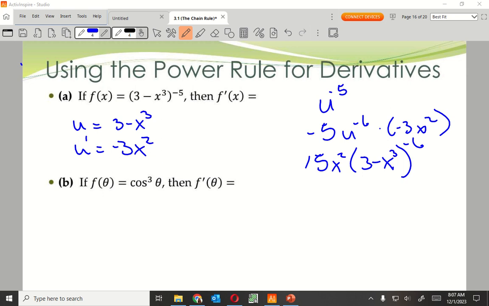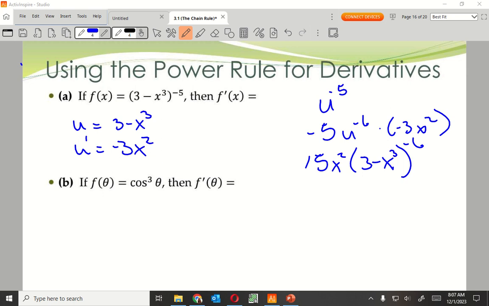What else could you do to it? I have a negative exponent. What could I do with that? I'll make it into like a fraction. No, that would be roots. Can I move it across the divisor? Can I move it to the denominator? What happens if I move it to the denominator? It becomes a positive.